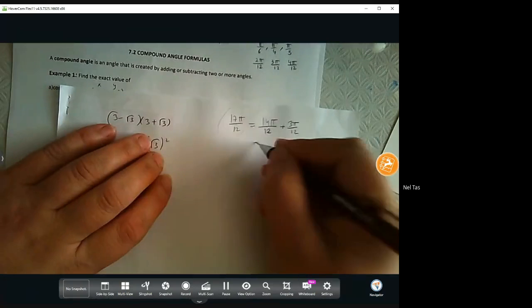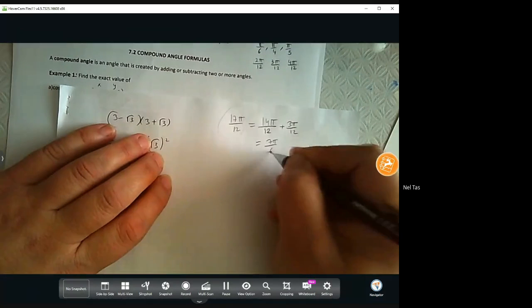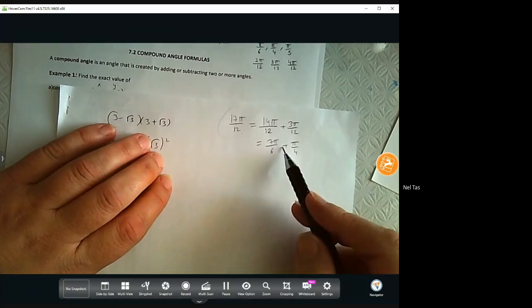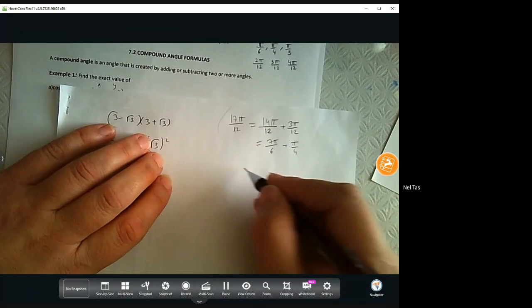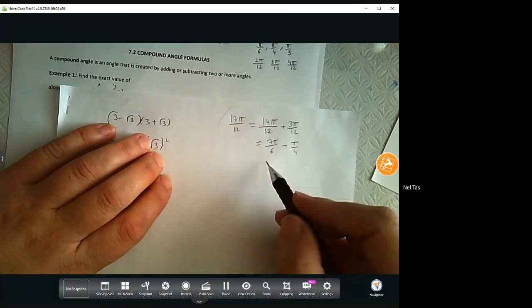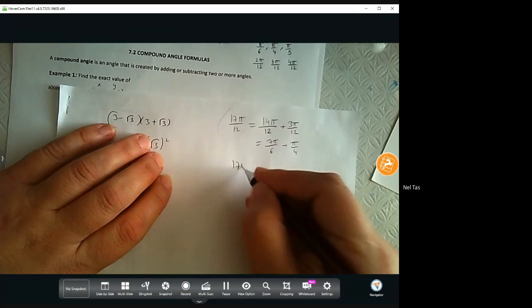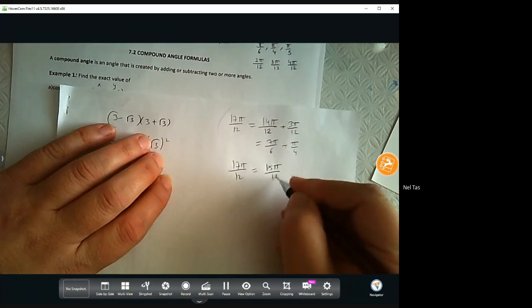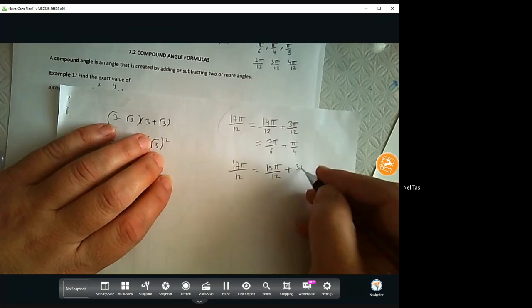Okay. That is like 7 pi over 6, and that is pi over 4, which is fine. Let's do one more example. Let's say 15 pi over 12 plus 2 pi over 12.